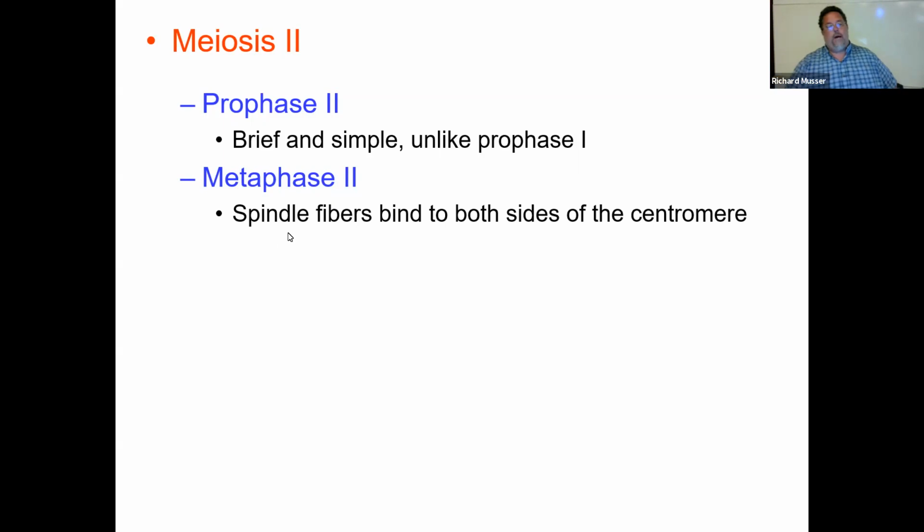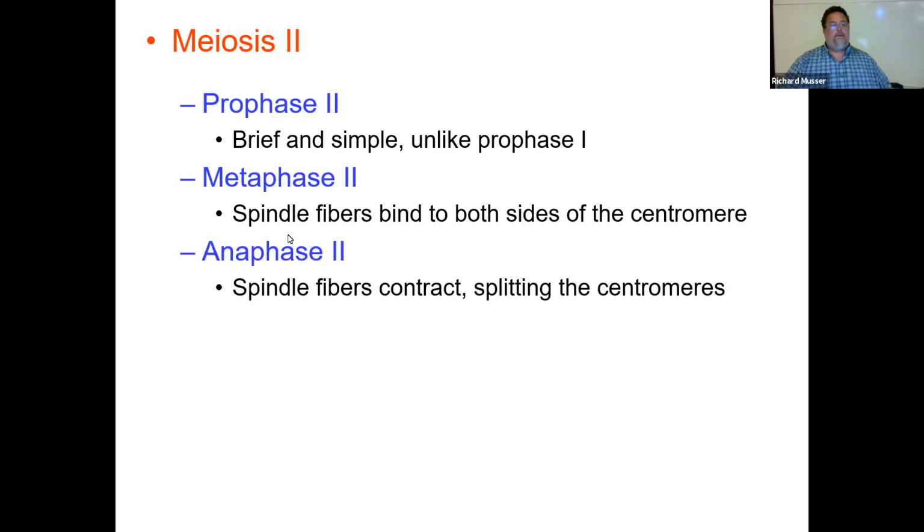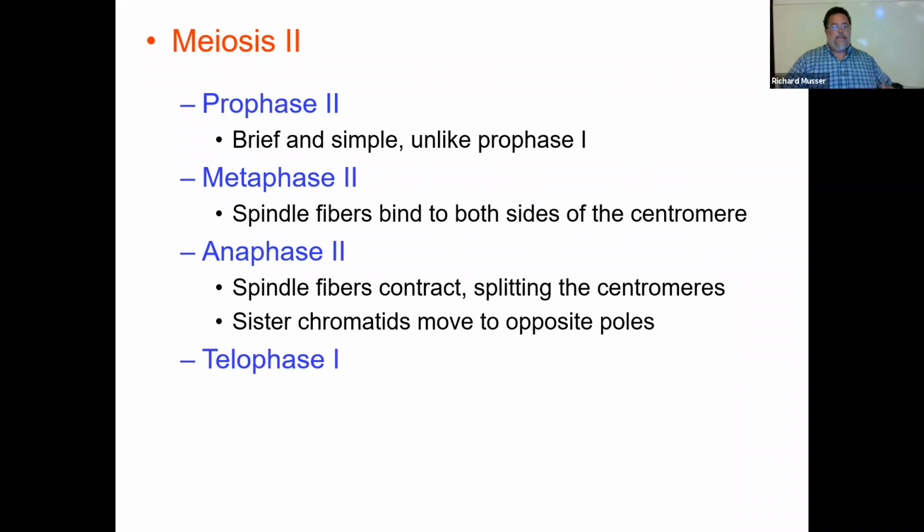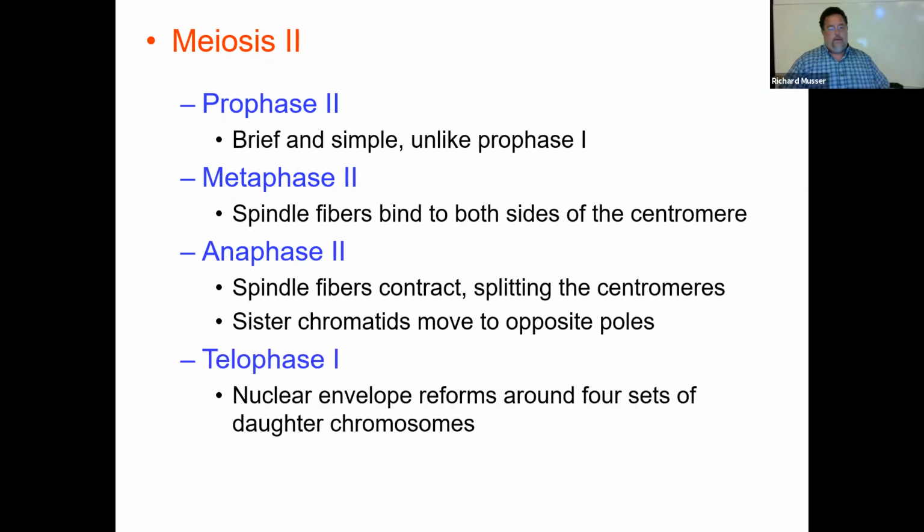The spindle fibers bind to both sides of the centromeres, line them up in the middle, and then again, anaphase pulls them apart. So I'm just kind of repeating the same things over and over in hopes that maybe it sinks in a little bit if it's a little confusing to you. Obviously, the nuclear membrane is going to reform and so forth.